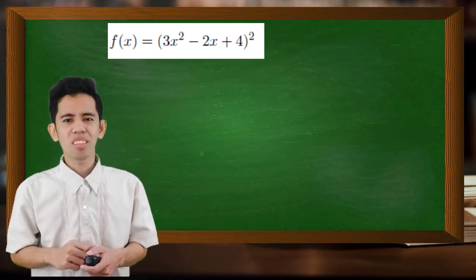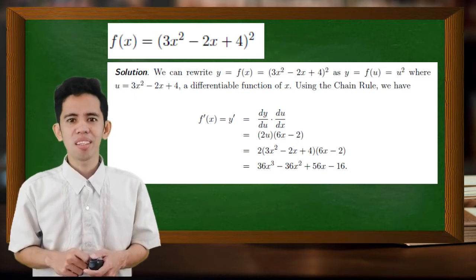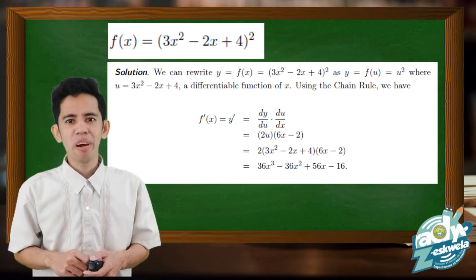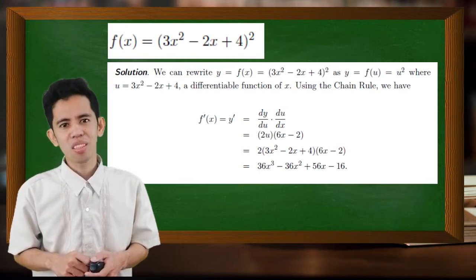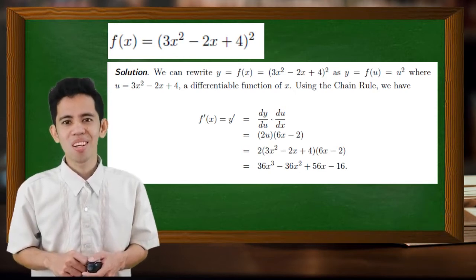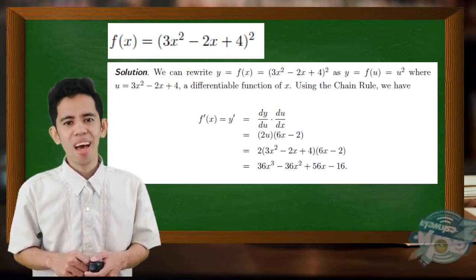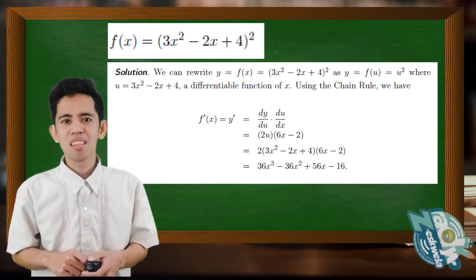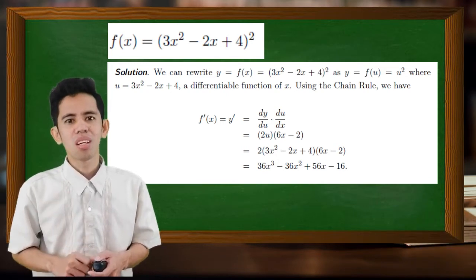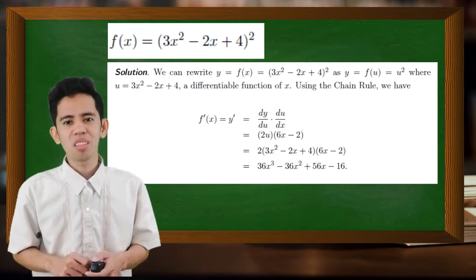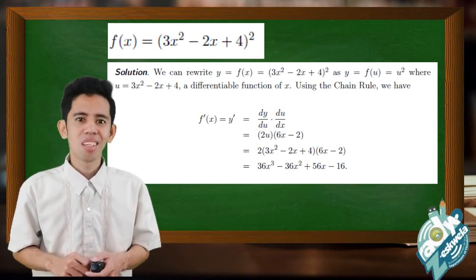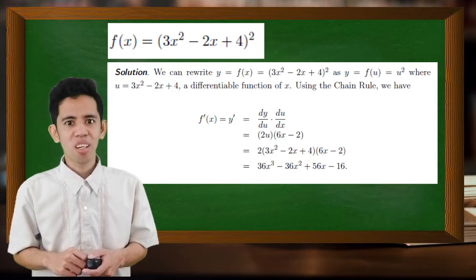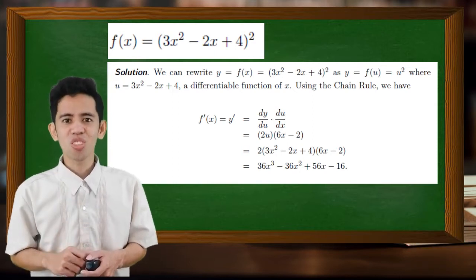For the solution, we can rewrite y is equal to f of x is equal to the square root of 3x squared minus 2x plus 4 as y is equal to f of u, and this is equal to u to the one half power, where u is 3x squared minus 2x plus 4, a differentiable function of x.